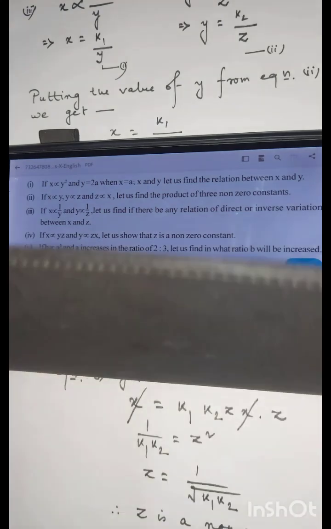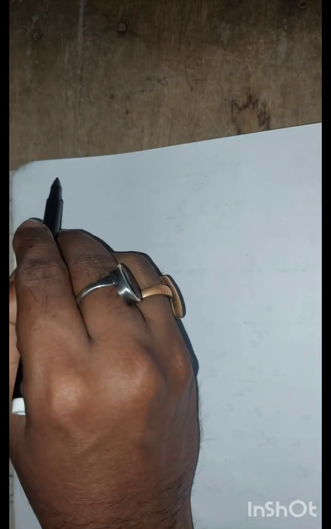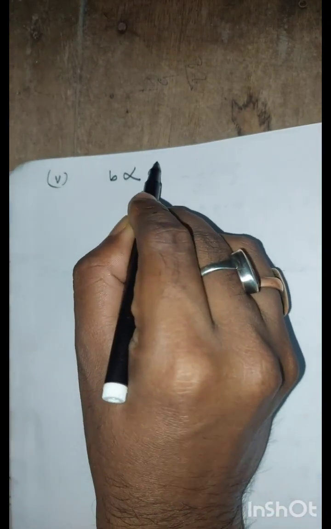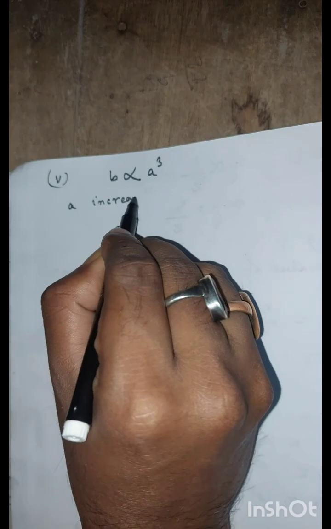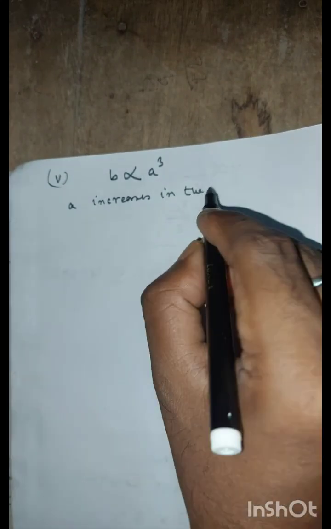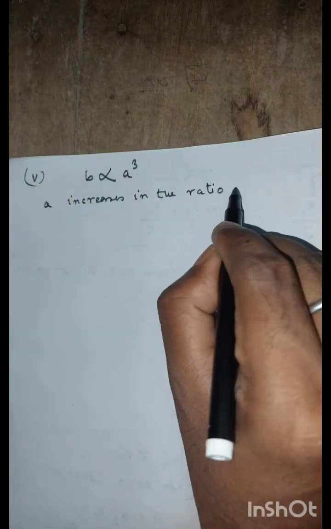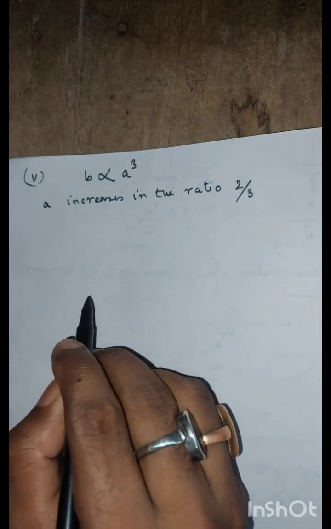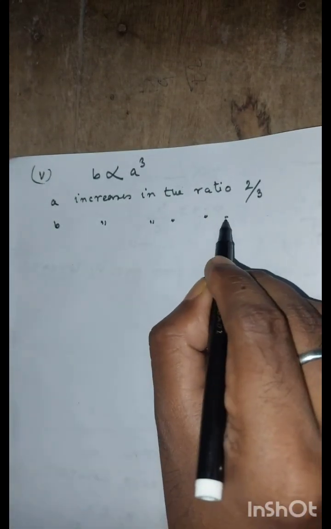It says b varies as a cube, a increases in the ratio 2/3, b increases in the ratio equal to question mark.